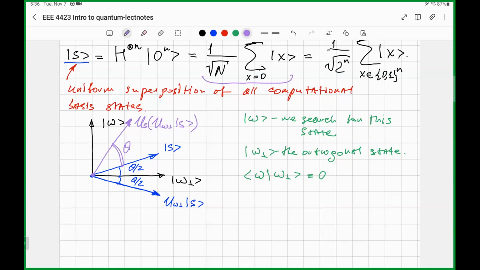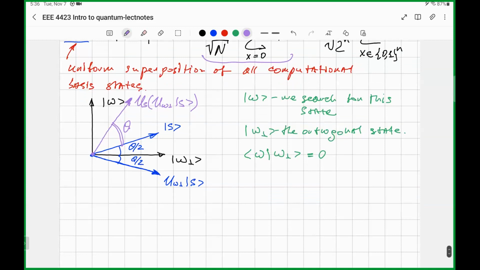Okay, the idea behind Grover's search algorithm is that we can apply these double reflections multiple times, and each time we apply this reflection, the resulting vector will get closer and closer to the state we are searching for.